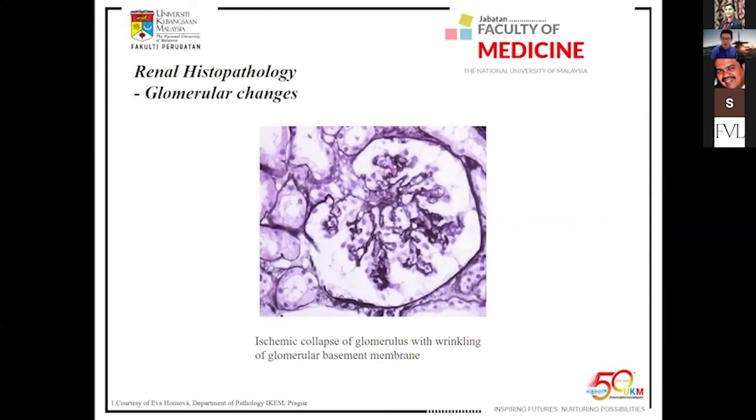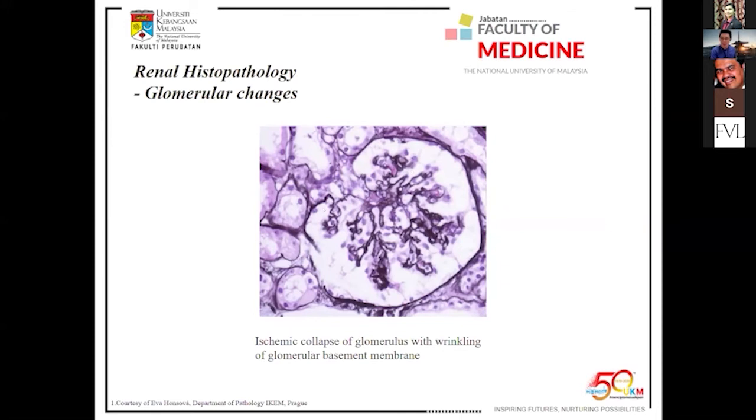Imagine now all of these arteries are being stenosed, so the blood perfusion to the glomerulus is reduced. So the typical changes you can see is reduced perfusion to the kidney, to the glomerulus. In the normal glomerulus, the endocapillary should remain open, but here they are all collapsed due to the ischemia.